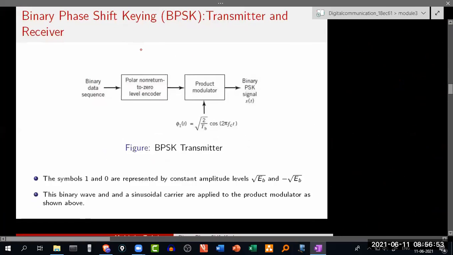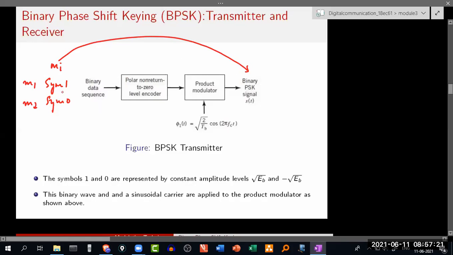So let's consider this binary phase shift keying where we'll be transmitting either symbol 1 or symbol 0. So this is our message Mi. I can think of this as message M1 and this is message M2. And in turn, I got to convert this into a signal.